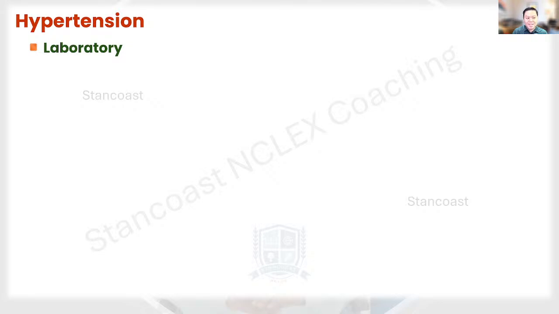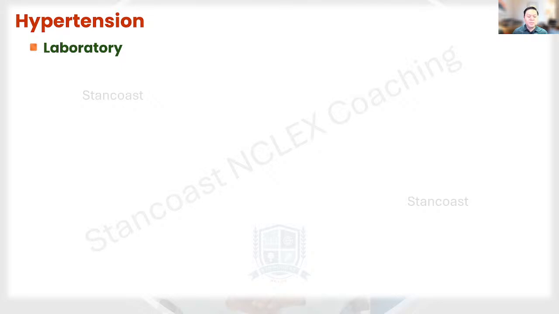Again, there is no diagnostic test that ever existed to diagnose hypertension. However, these tests will be able to identify the causes of secondary hypertension and whether they are targeting a certain organ, okay?